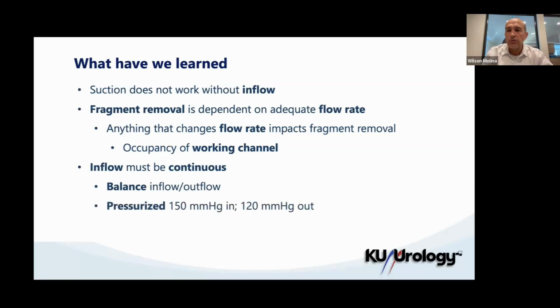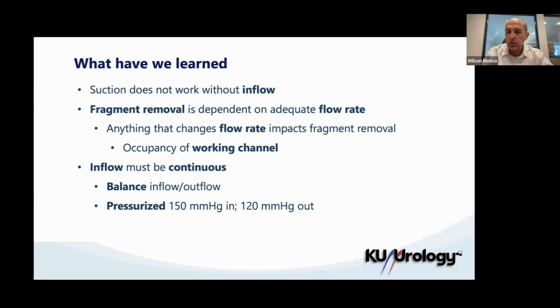So at University of Kansas, what we do is pressurize a bag to 150 millimeters of mercury, and then we have the suction at 120. That creates a 30 millimeter of mercury gap between one and the other that is perfect for stone retrieval, and it still doesn't collapse the collecting system.